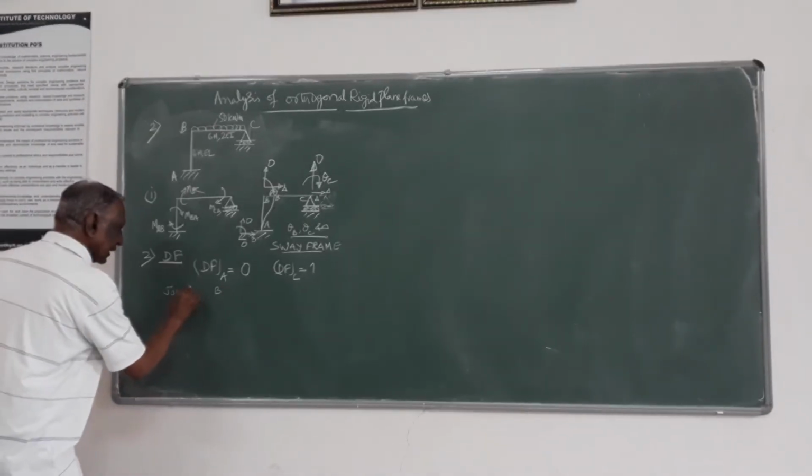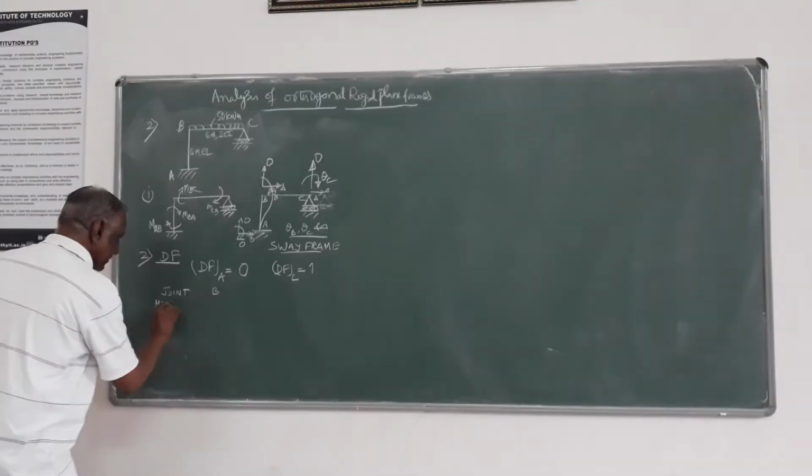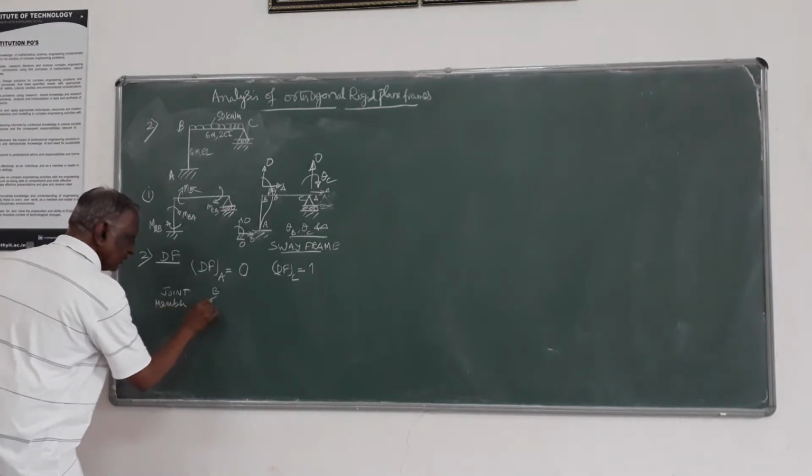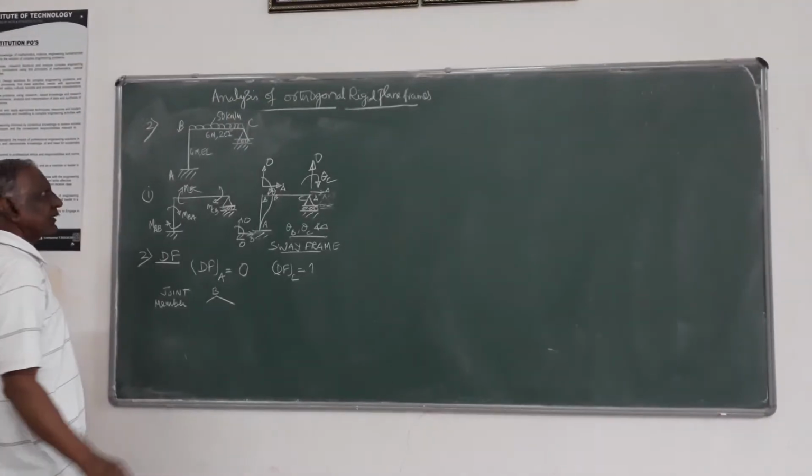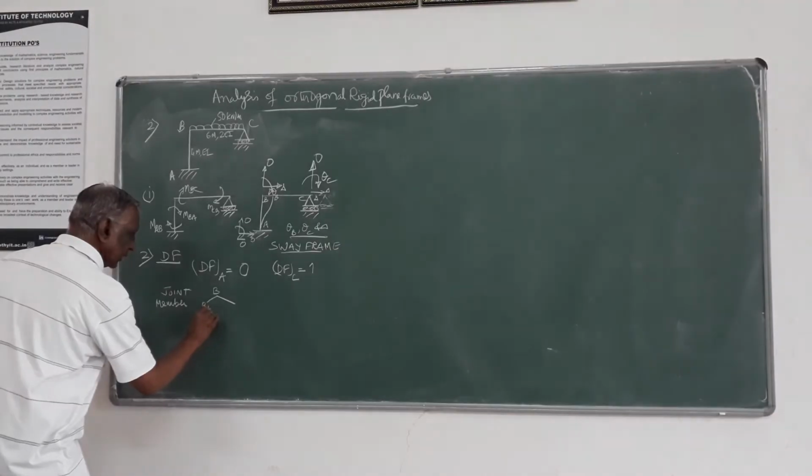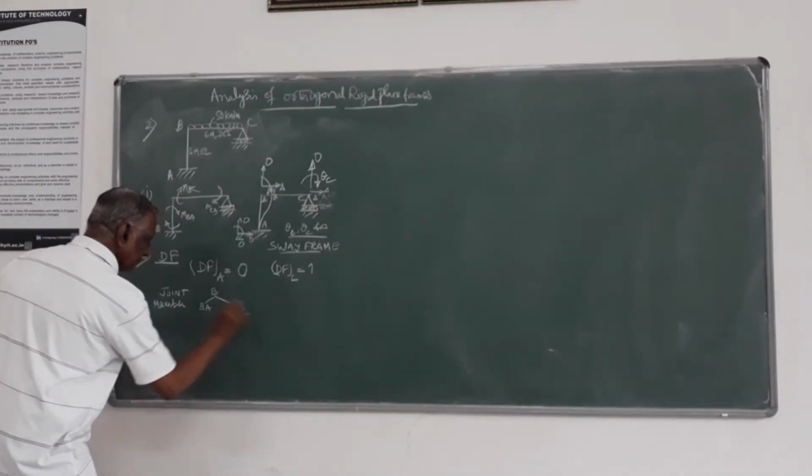Joint B, which is a continuous joint, let us find out the distribution factor. There are two members, one is BA, another is BC.